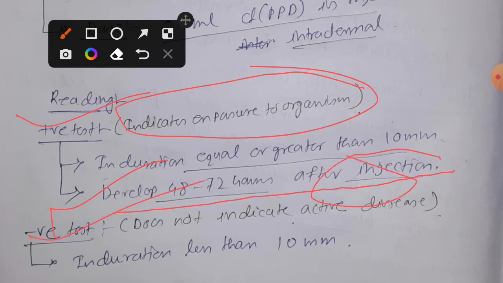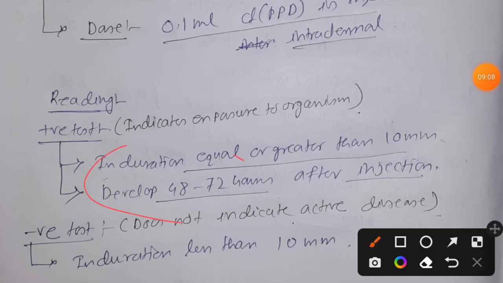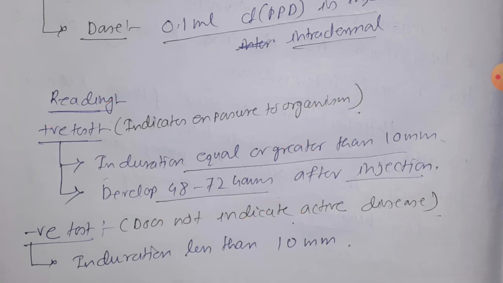And a negative test does not indicate an active disease, okay. So induration less than 10 millimeter. It is all about the diameter, okay. If the diameter is greater than 10 millimeter, then yes, the person has tuberculin infection, and if it is not, then the person does not have any kind of active tuberculin infection, okay.